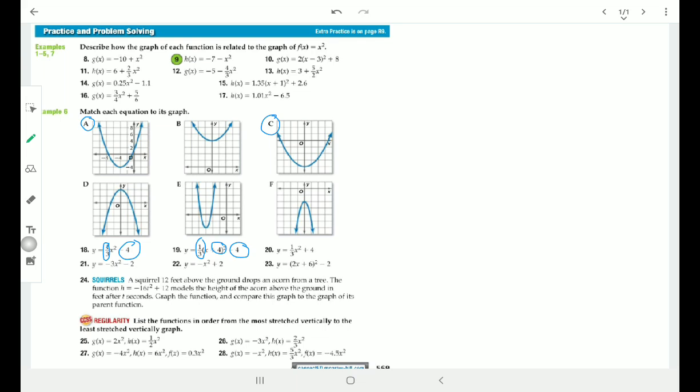So that's how you would define each of those parts to figure out which graph works best. Okay, and then 25 and 27, you are just figuring out which one is being stretched most vertically to least vertically.